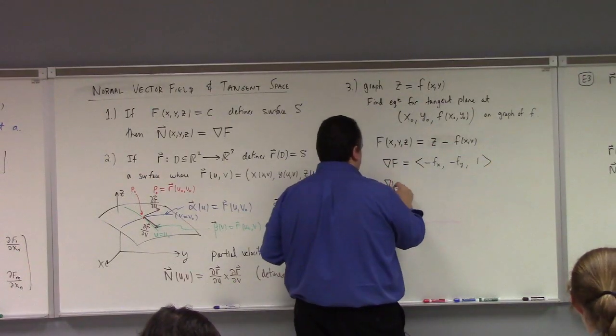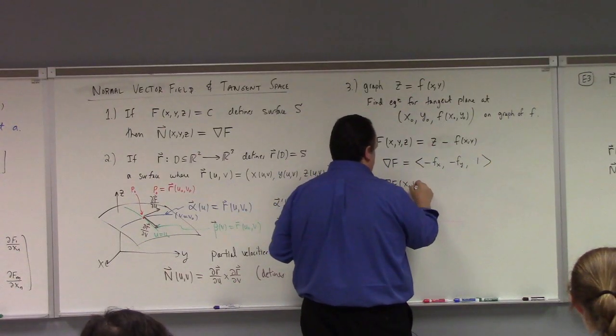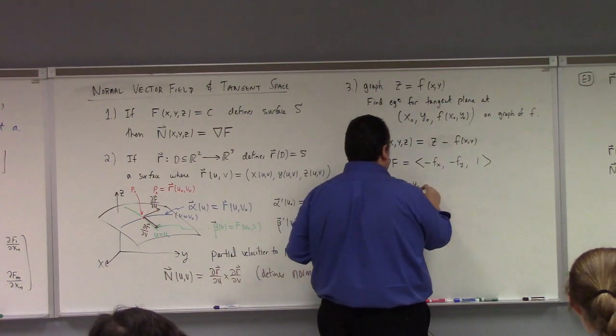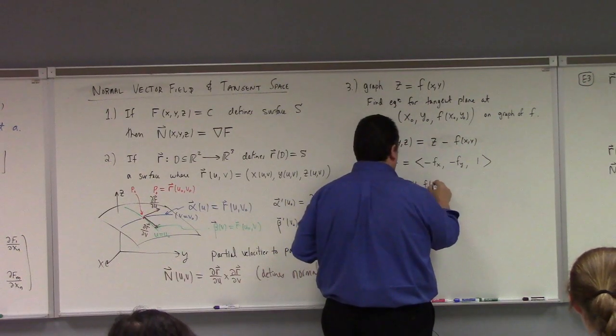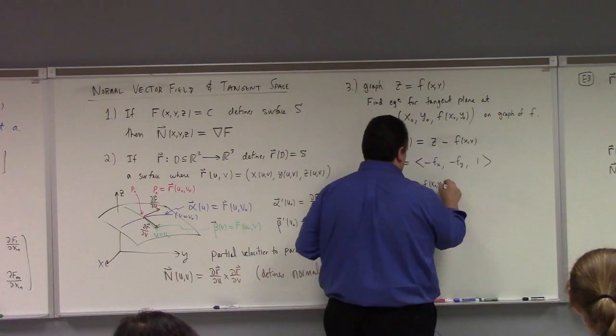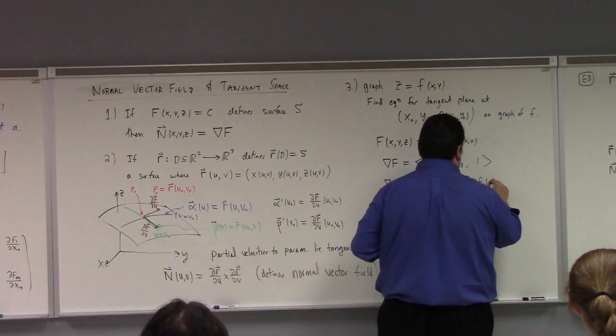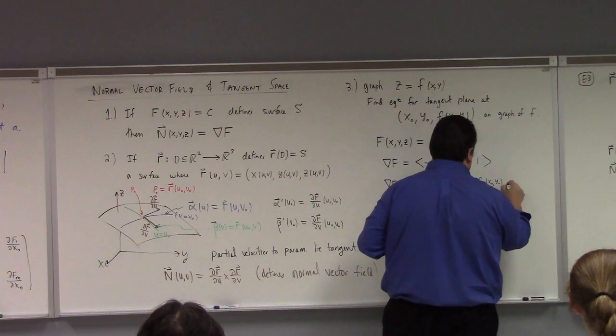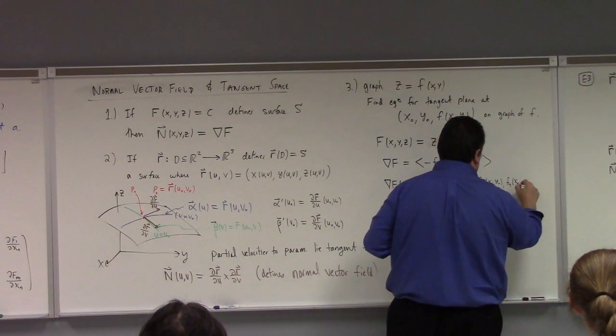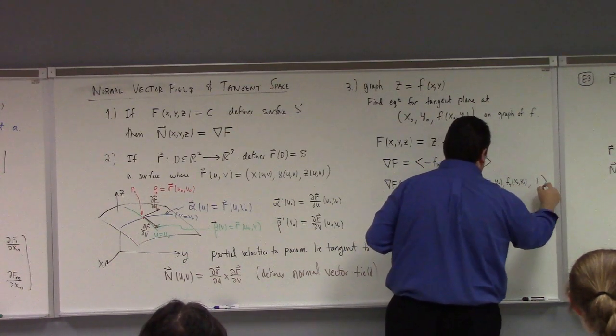And so the gradient of f at the point that we're interested in is (minus fx at x naught y naught, minus fy at x naught y naught, 1).